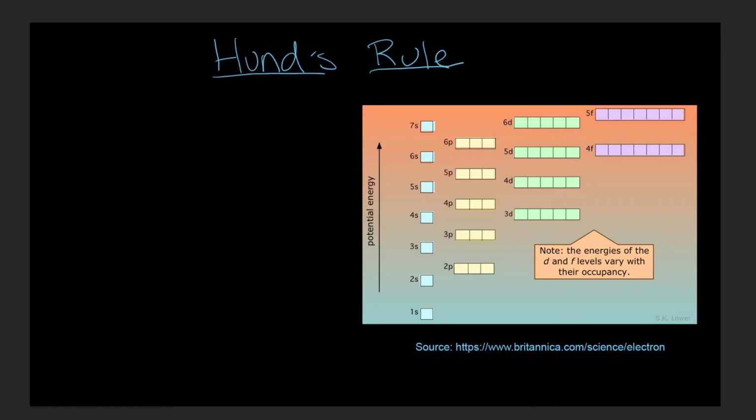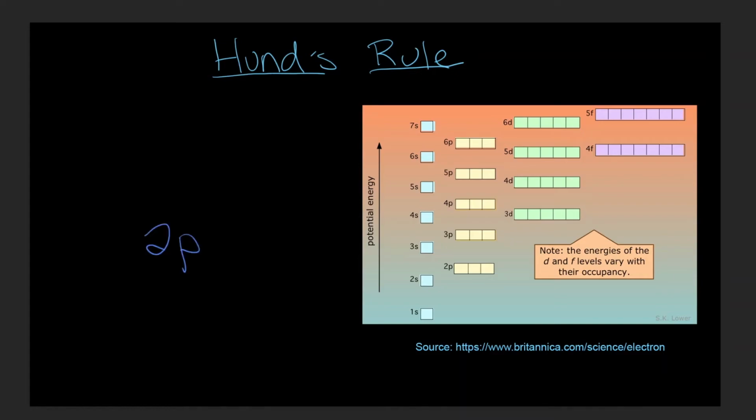The final rule or principle that we're going to talk about is Hund's rule. Hund's rule states that every orbital in a subshell is singly occupied with 1 electron before 1 orbital is doubly occupied. So basically, we have to give 1 electron to each orbital within a subshell before we can come back and make a pair. So let's take our 2p orbital, for example.